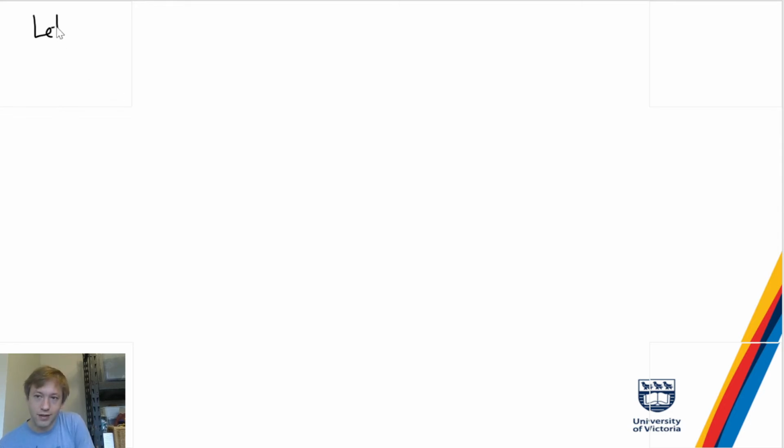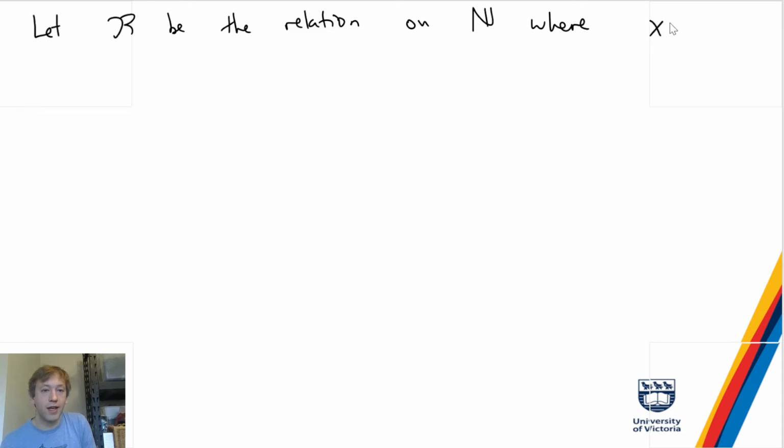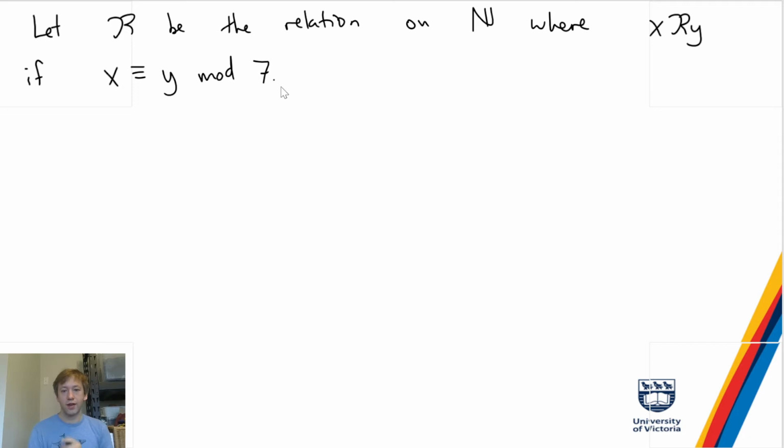Let R be the relation on the natural numbers where x is related to y if x is congruent to y mod, let's say, 7. Okay, so we can ask ourselves, what are the different equivalence classes here?